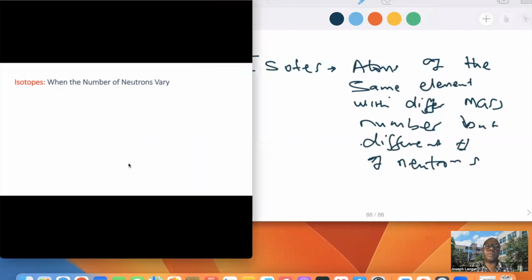They have the same number of protons, but a different number of neutrons. Therefore, the mass number will be different.